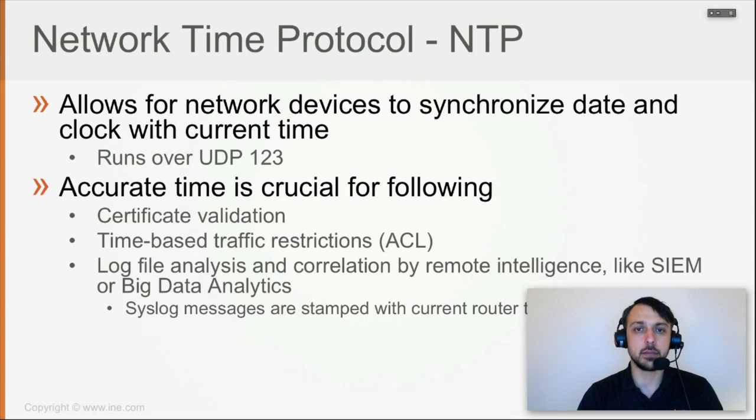Back in the days, a lot of years ago, this was a very good tool in order to configure an ACL, which for example blocked all traffic towards the internet after 6 p.m. So for that point, nobody should be within the company's network on the inside. So it means that all internet traffic was dropped just to make sure, for example, that nobody was leaking traffic from the inside of the network towards the internet. So you would configure that time-based ACL to drop all traffic from the LAN towards the outside world at specific time intervals.